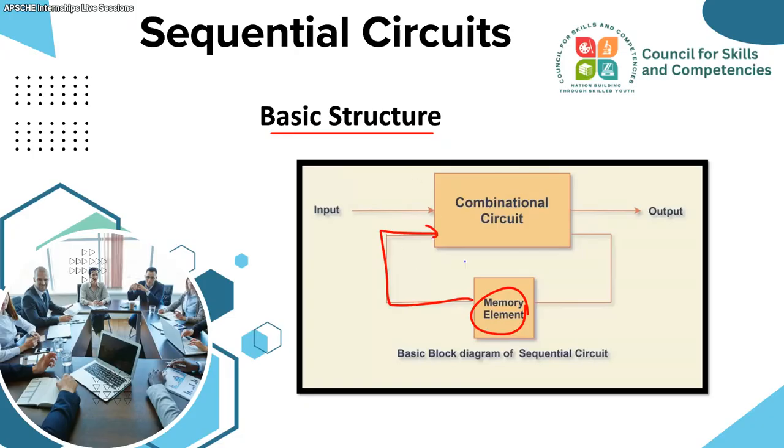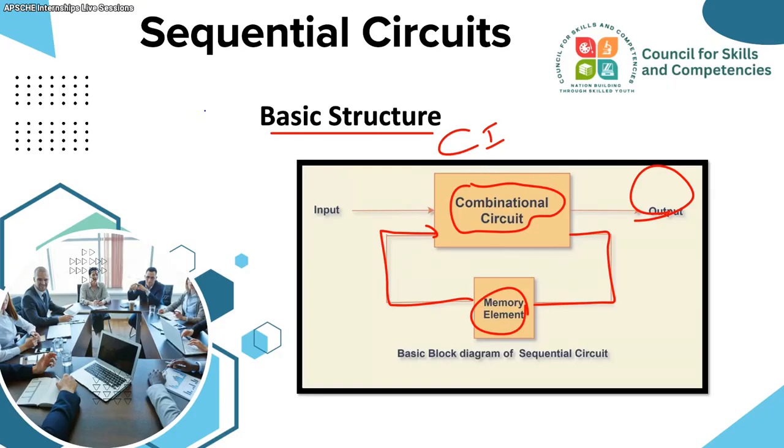So still we are using the combinational circuit, that is the basic, but we are putting in some extra thing, a feedback mechanism, so that the output does not always depend on the current input.